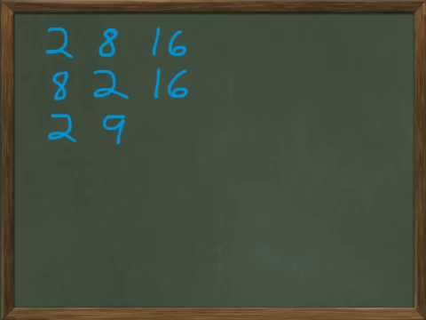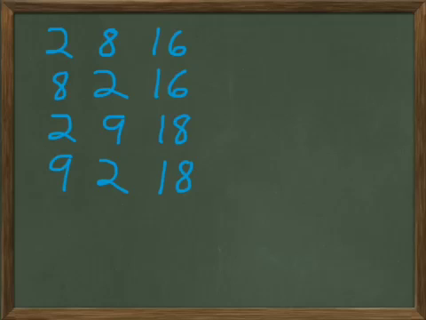Alright, let's do a few more of these. 2 times 8 are 16. And 8 times 2 are 16. And let's do 2 times 9. 2 times 9 are 18. 9 times 2 are 18.